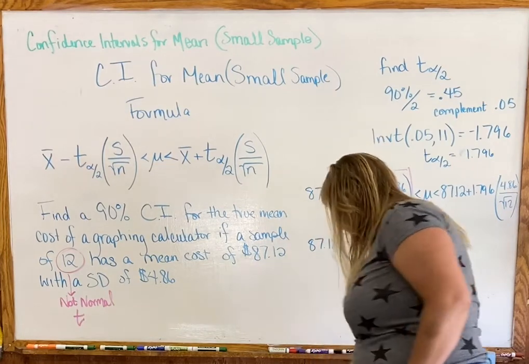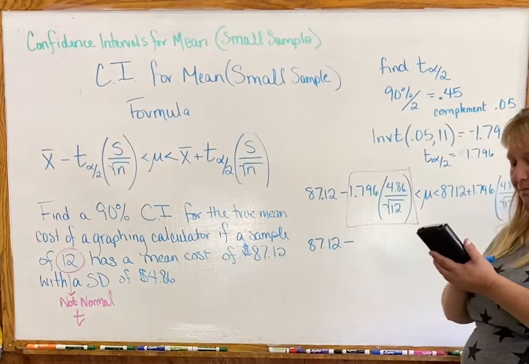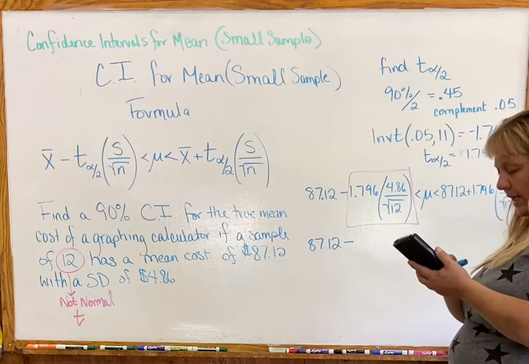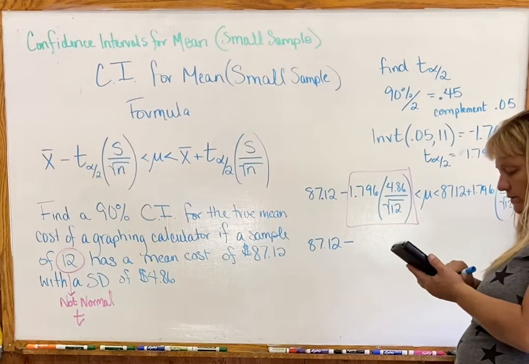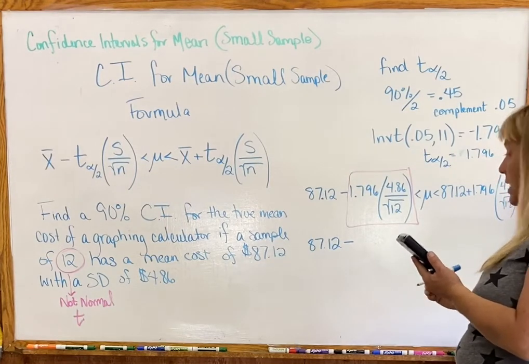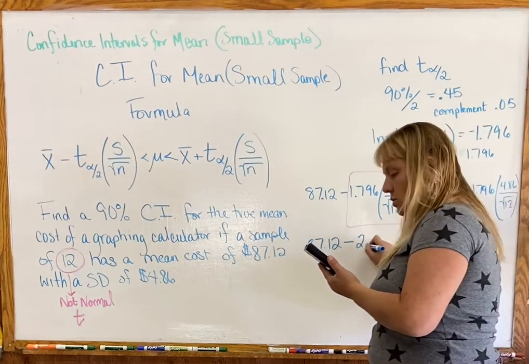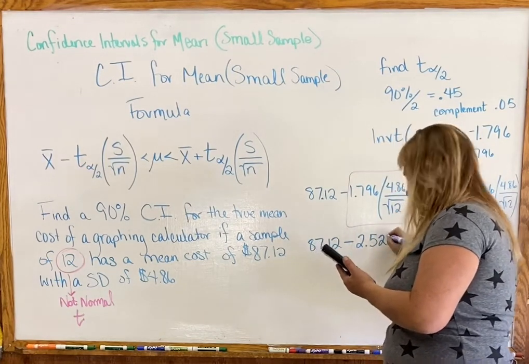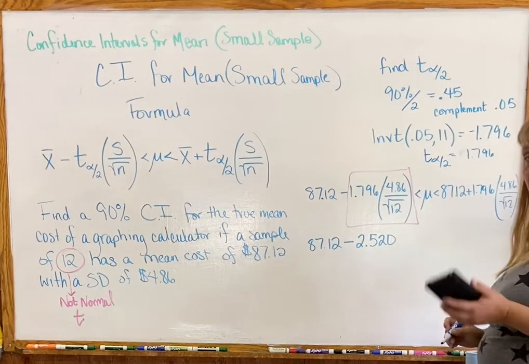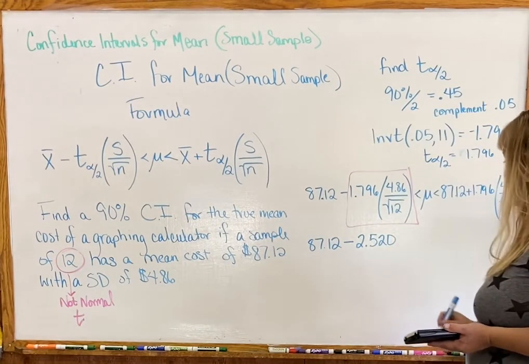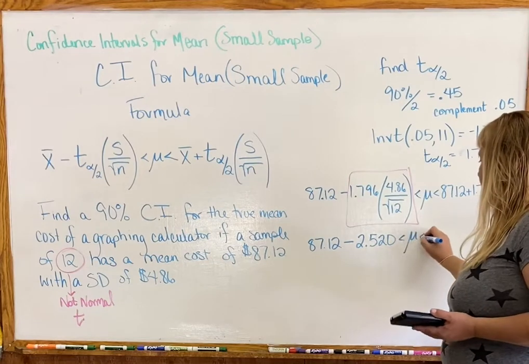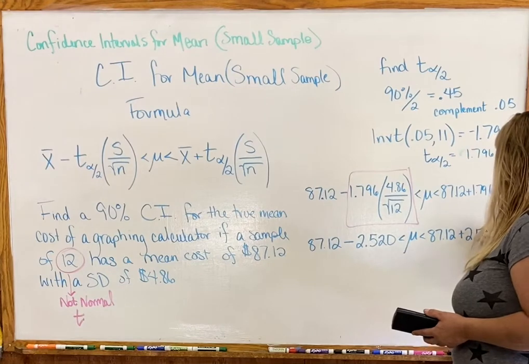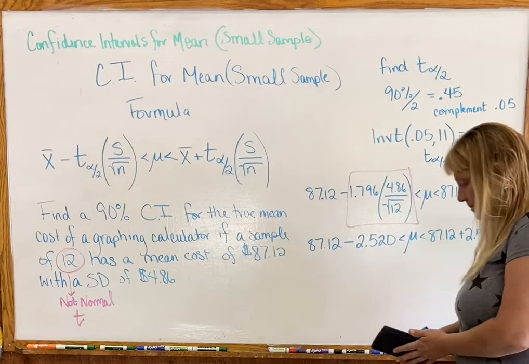We have 87.12 minus. So again, calculator out. 1.796 times 4.86 divided by the square root of 12. And I got 2.520, if you do your rounding appropriately. On this side then it will be 87.12 plus 2.520.